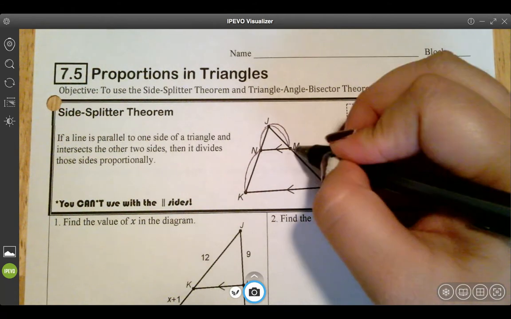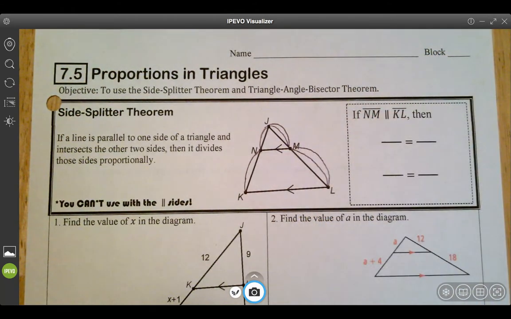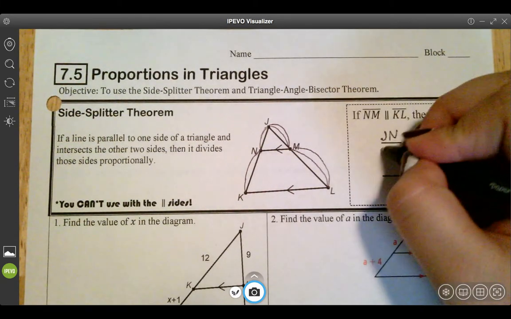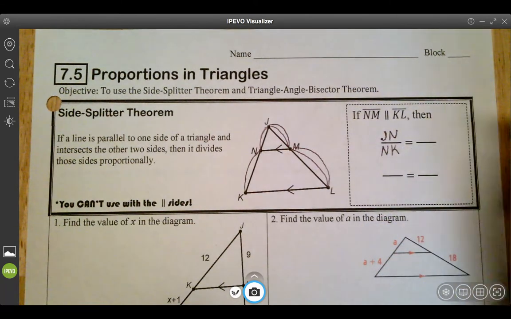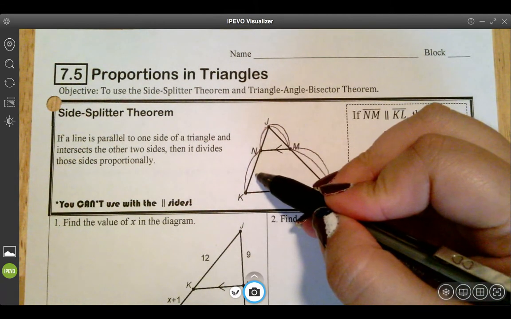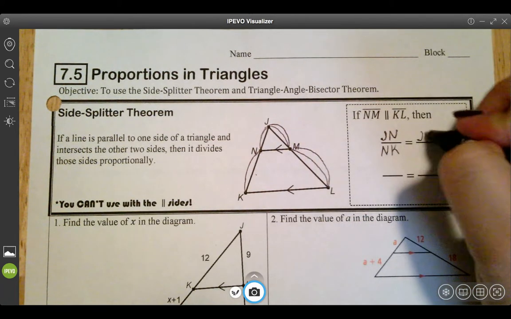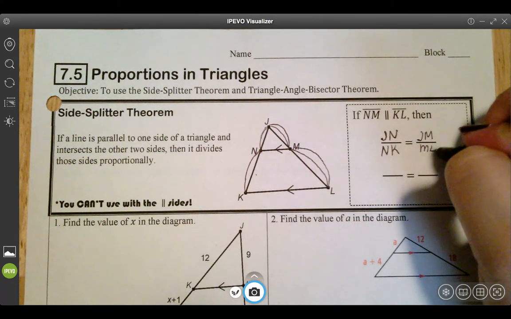Now I'm not doing congruence marks because, again, they are proportional, not congruent. And so what we end up with, we can say JN over NK, our first pair of sides, has the same ratio as our second pair of sides, JM over ML.